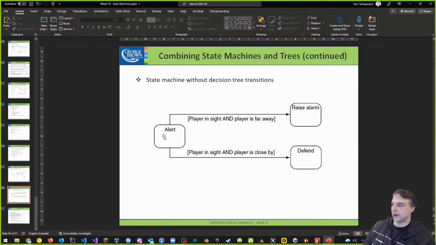Well, then you say, here's my alert. And if my player is in sight and the player is far away, then I want to raise the alarm. Otherwise, if the player is in sight and the player is close by, then defend. And again, this is a hierarchical state, so alert, raise alarm, and defend would potentially have several substates inside of them.